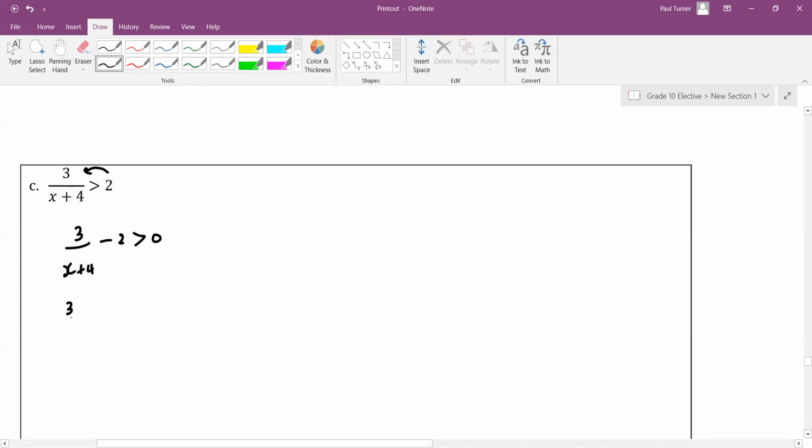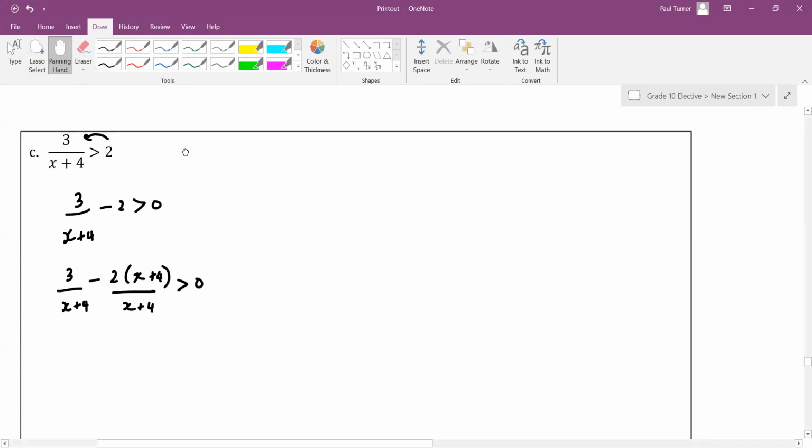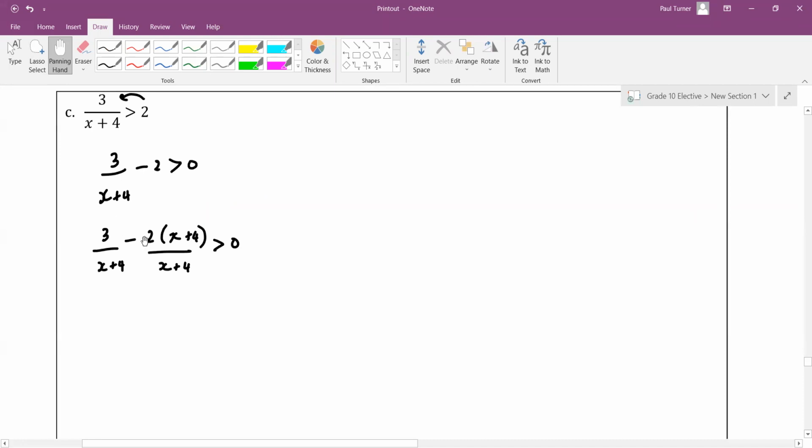So we'll have 3 minus 2 times x plus 4, on x plus 4, greater than 0. Like that. So now we'll join this fraction. So you'll have 3 minus 2 x plus 4 all on x plus 4 greater than 0.